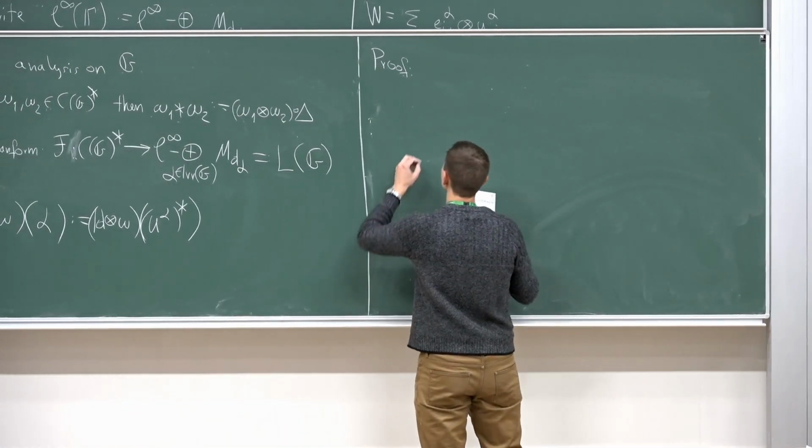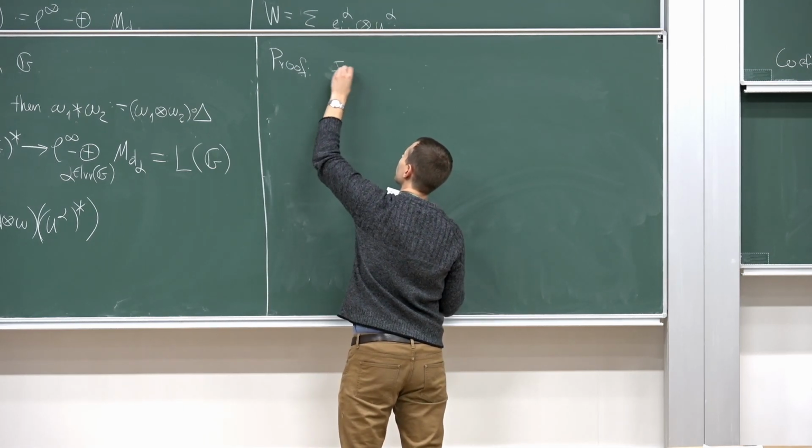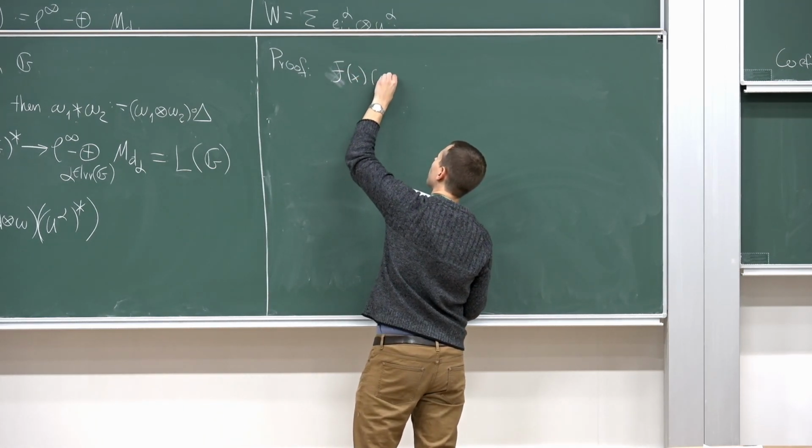What happens is that, okay, x, so the Fourier transform of x evaluated at pi.